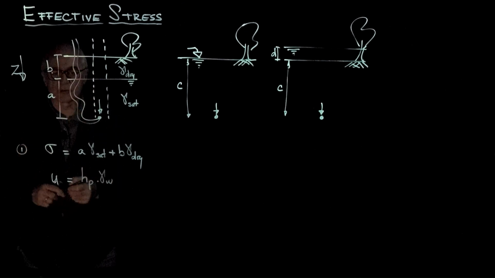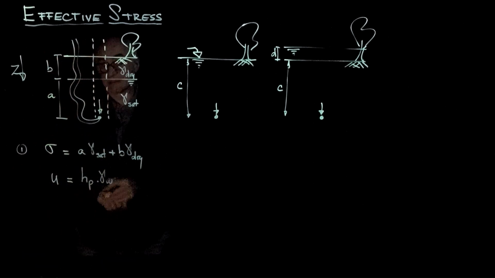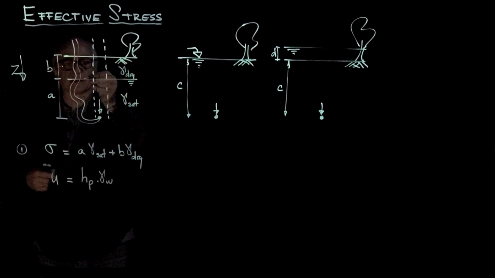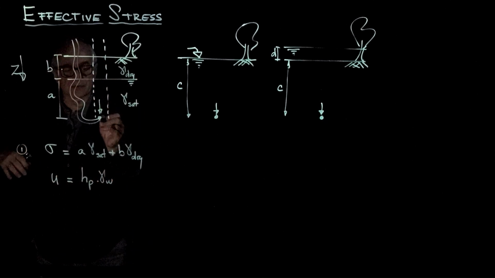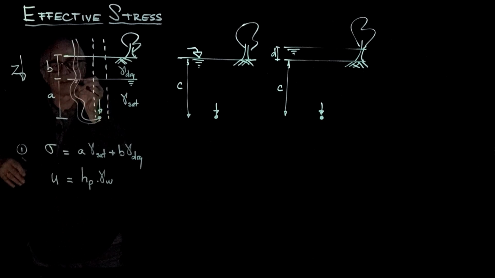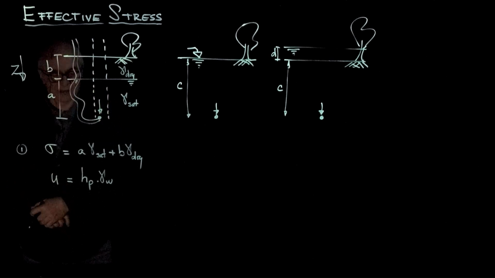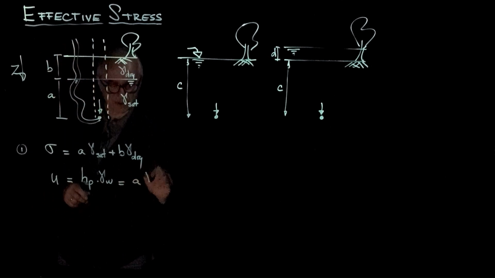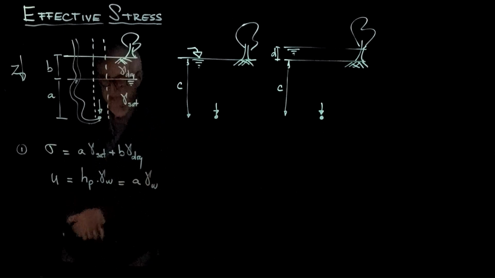That is the fluid pressure under any condition. And so in this case, it's a hydrostatic case. The water table is at this elevation, and so by equilibrium that gets established at the entry of the tube, the weight of the water above that point in the tube and outside the tube has to be the same. So the water in the tube rises a quantity A. So this is equal to A gamma water, the unit weight of water.